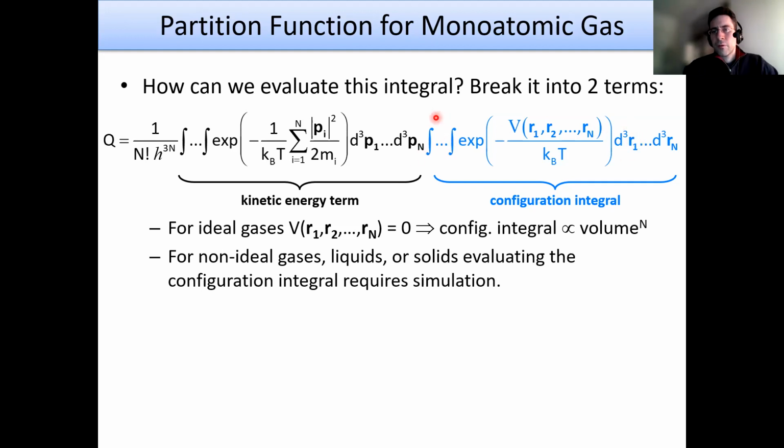I write this as an indefinite integral, but you have to think of this as integration over all the possible states, right? So these are definite integrals. So in a box, this might go from 0 up to L for each one of the dimensions in the system, in the coordinates. So effectively, in the end, I'm going to get a term from here, which is equal to volume to the nth power. So this simplifies things for ideal gases because this term is trivial.